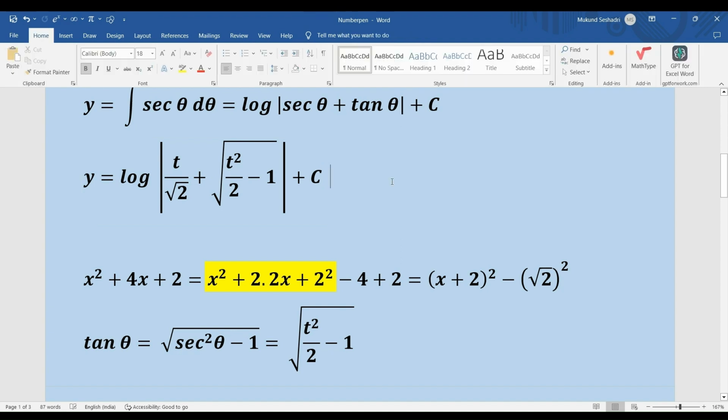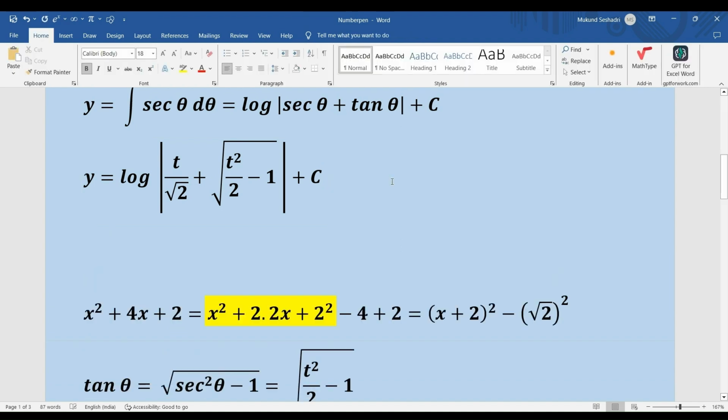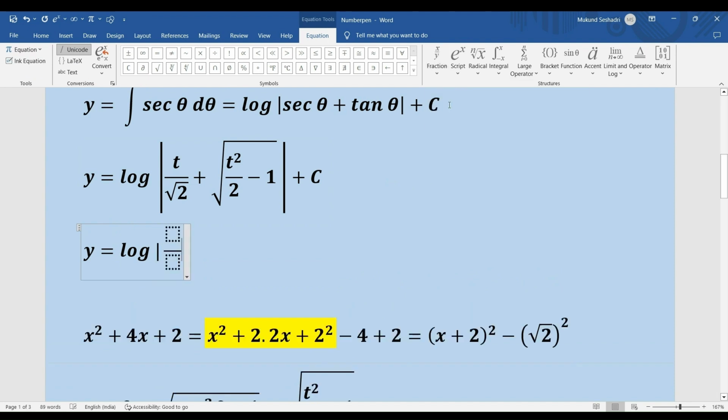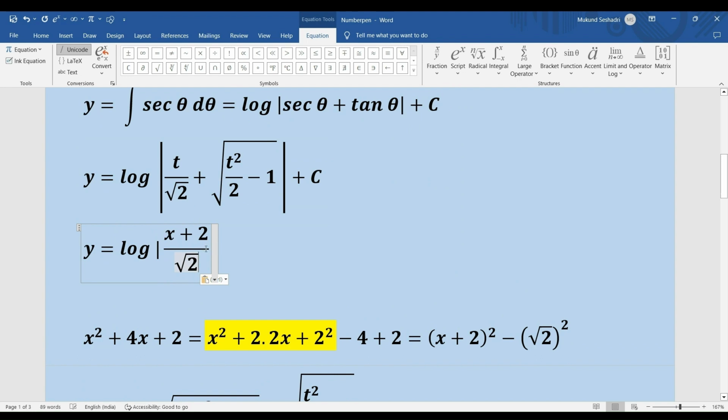So in the subsequent step I'm going to put back my y in terms of x, and I will be able to arrive at my final answer. So t by root 2 is nothing but x plus 2 divided by root 2, right? And then I come to my second part, which is the square root of t square by 2 minus 1, right? So this part might need a little bit of simplification.